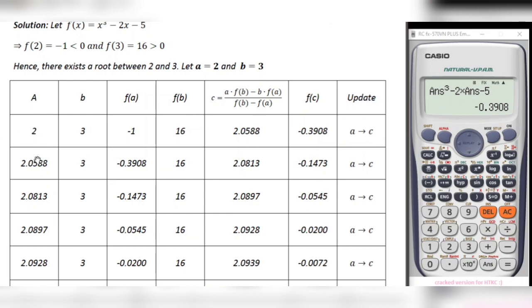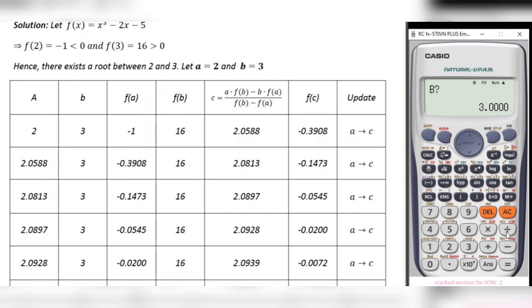If I change a to c, a becomes 2.0588, b is still 3, f of a is here minus 0.3908, f of b is 16. To find out c, press the up arrow in the calculator, press calc. The value of a is changed to 2.0588, press equals.